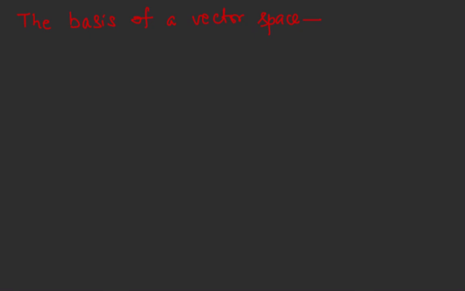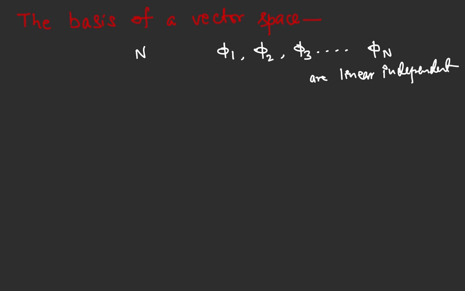Now these maximum number of linearly independent vectors, phi1, phi2, phi3 up to phi n, are linearly independent and form a set phi.